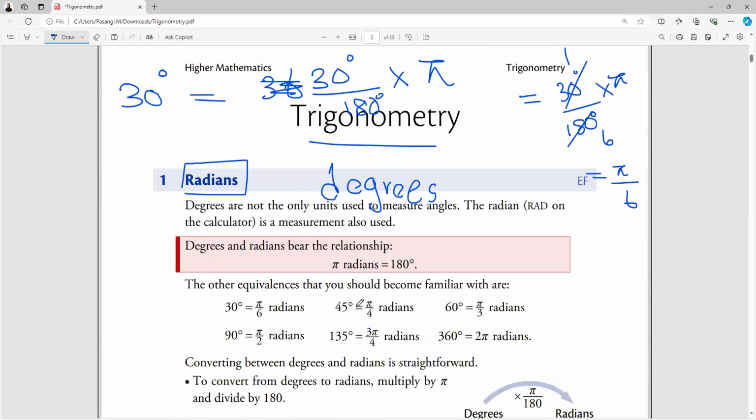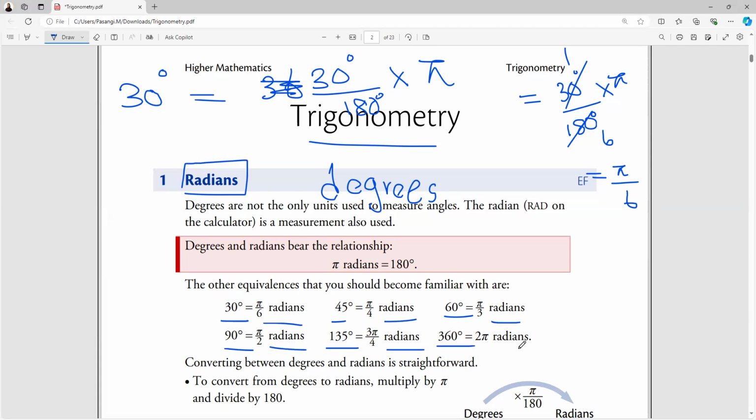Okay, now what you can do? We have special angles. Normally these 30 degrees, 45 degrees, 60 degrees, 90 degrees, 135 and 360. All these are familiar, and we use them frequently. For all these angles, using this method, we can calculate the magnitude of the angle in radians as well. Is it clear?